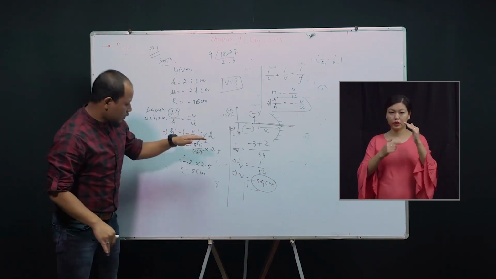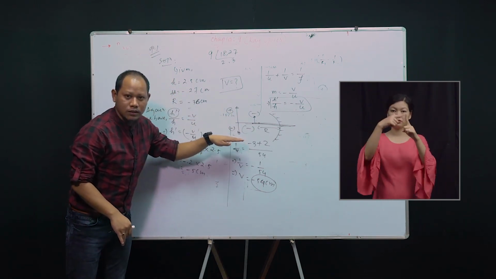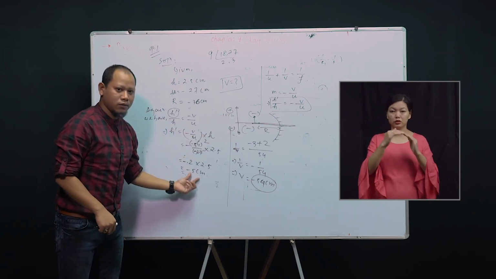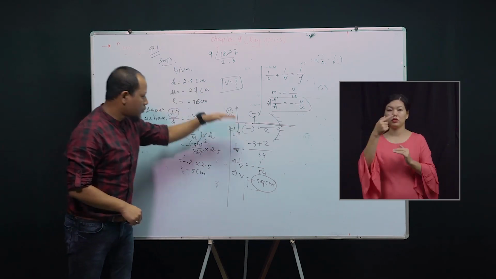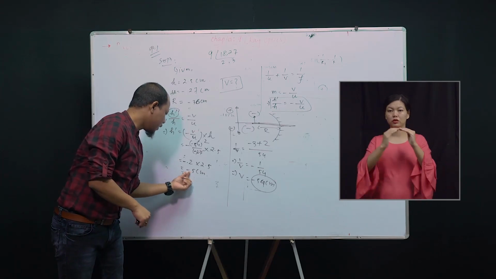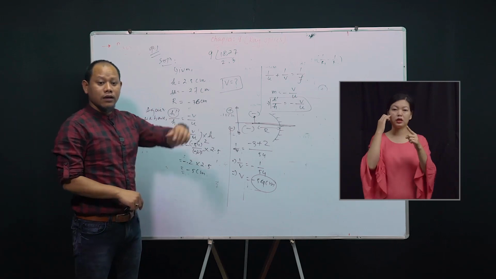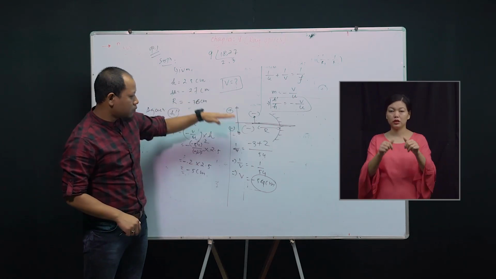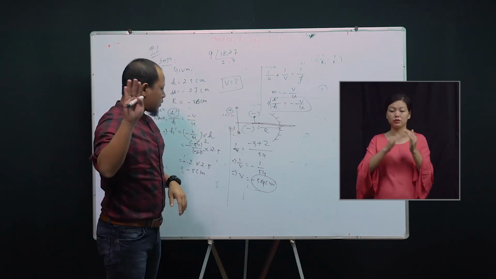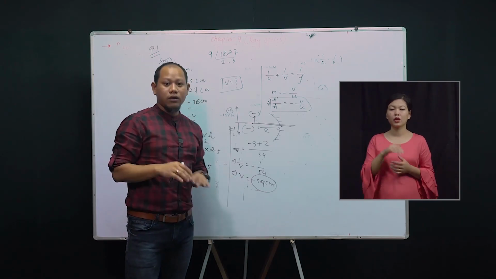It means our image is below the principal axis and its size is 5 centimeter. Minus 5 centimeter means the magnitude is 5, and the negative represents that it is below.